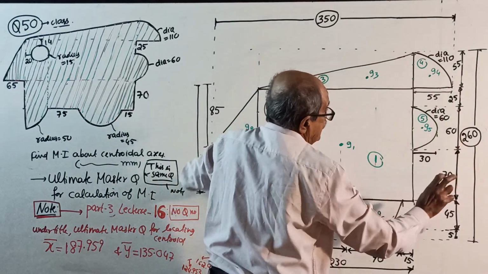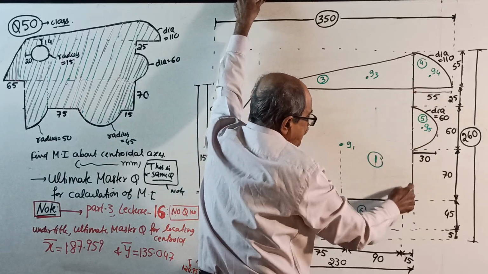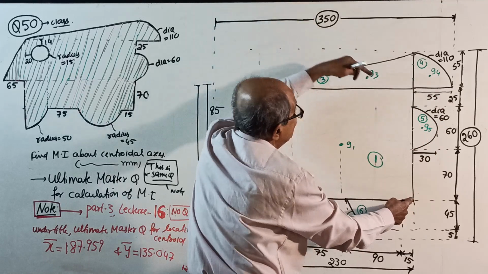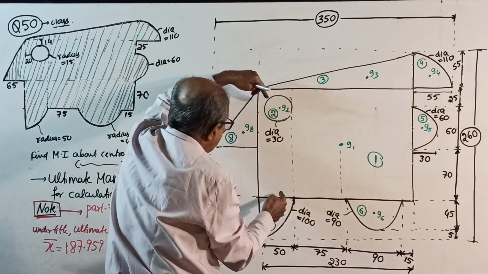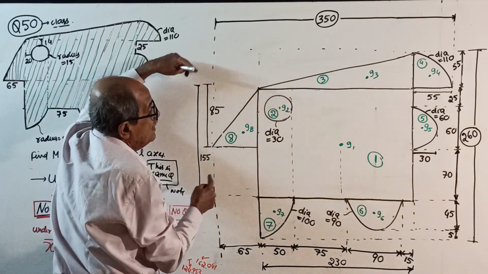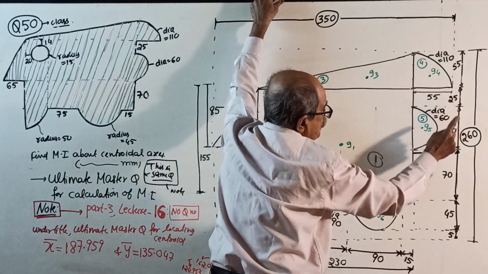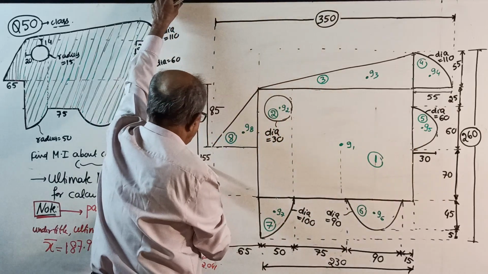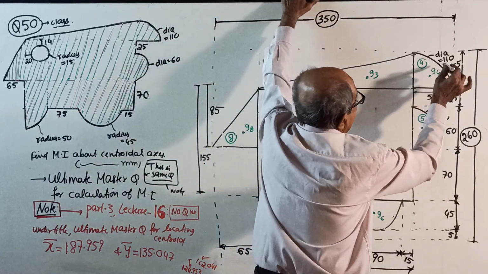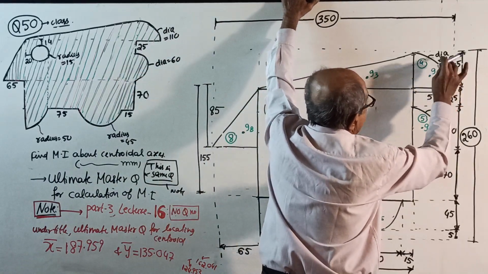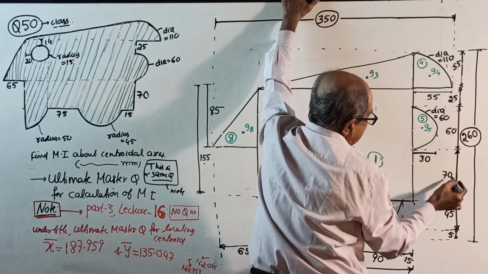Now with this data, the vertical dimension of the rectangle is going to be 25 plus 60, 85, plus 70, 155. So I explained 155, 110, 55, 25, 60 and 70.